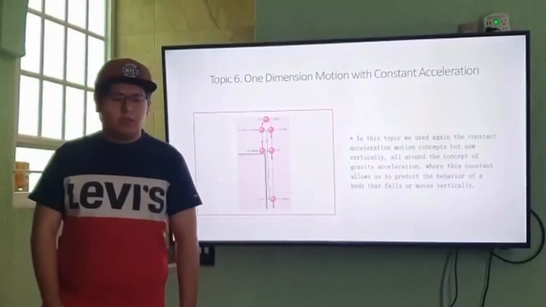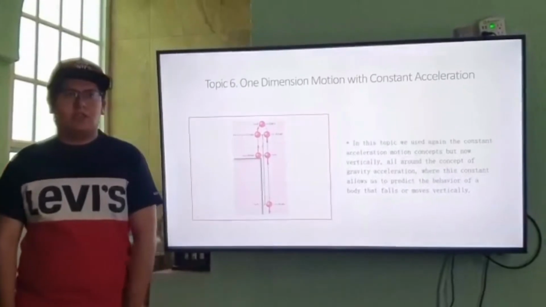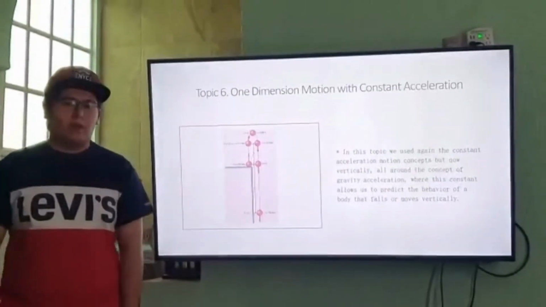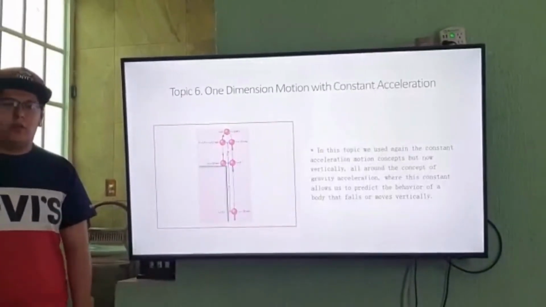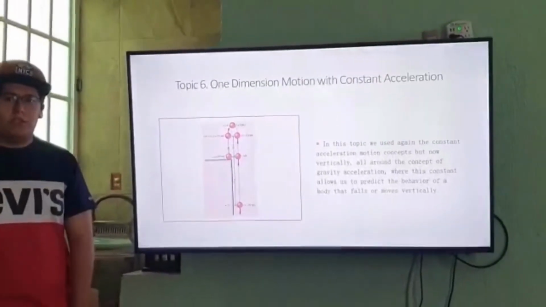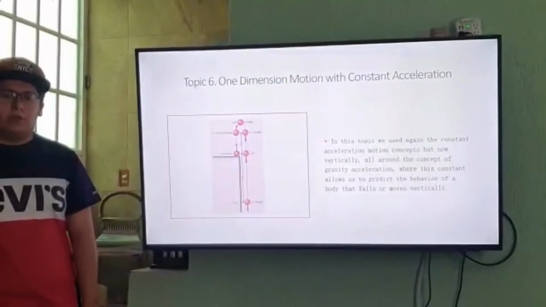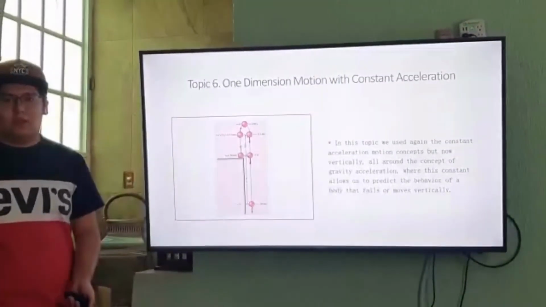Normally the initial velocity can be any type of velocity, but the final velocity is 0, because when it lands it stops the movement.